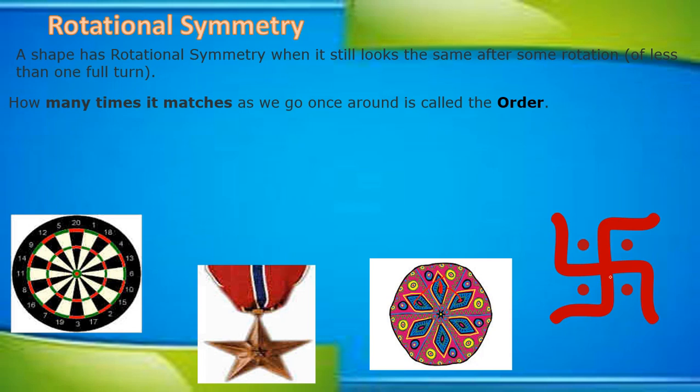Similarly, this symbol also, when it rotates, looks the same. So how many times it rotates and looks exactly the same, that is the order of rotational symmetry. So we can say a shape has rotational symmetry when after rotating it looks as it was previously.